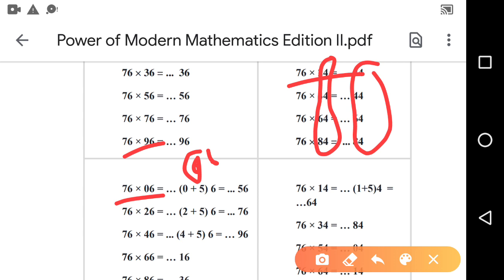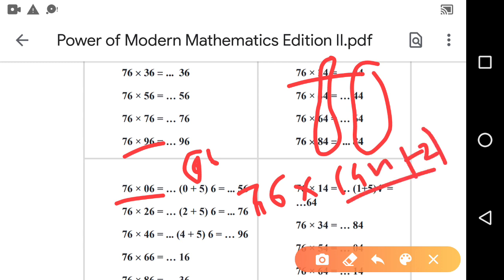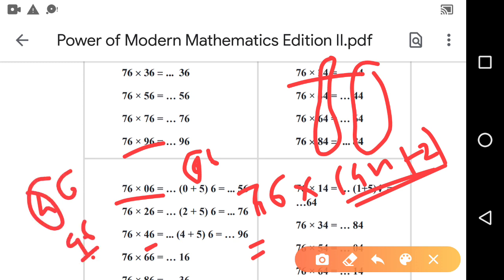Similarly, 76 into 26, that means when 76 is multiplied by a number of the form 4n plus 2, friends, this pattern is followed. 46, and this increases by 5, so 96 becomes. So this ends with 96.